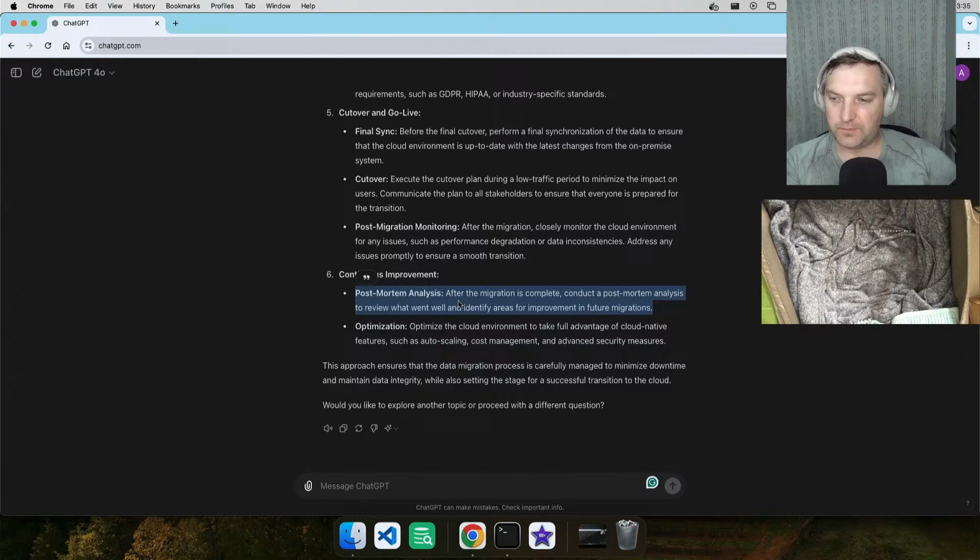There is a migration, but there is a migration that is not the data. We did a massive migration. The migration of the data was the easy part. What took most time was the migration of the workloads.